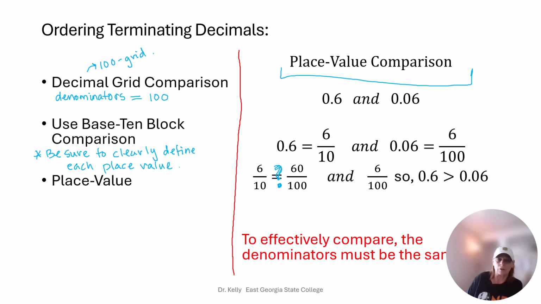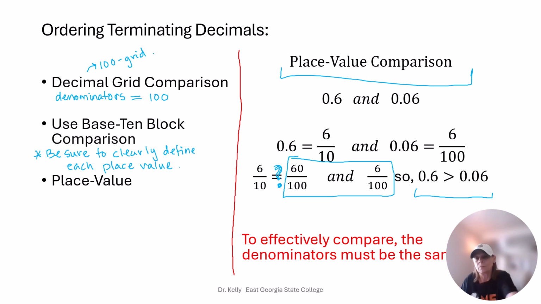Which one is bigger? So I'm not really sure. Oh, now I see how I did it. Sorry, it's hard to see, but this is the comparison. So we converted 6/10 to 60/100, and now we're going to compare 60/100 to 6/100, so we can see that 6/10 is greater than 6/100.